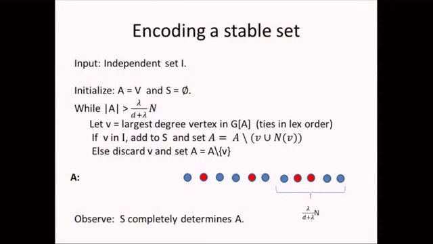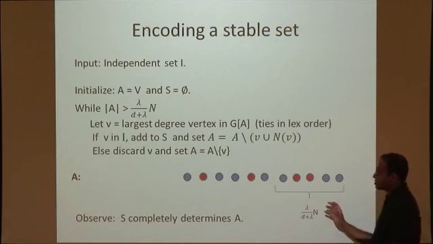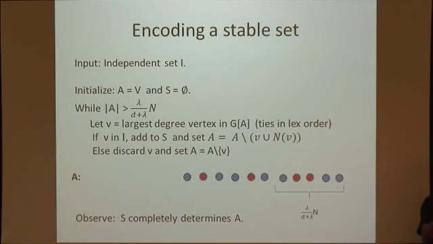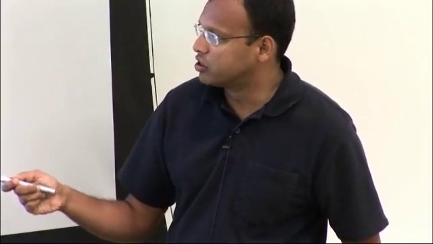So the crucial observation is that at the end of the day, when I'm left with so many vertices, I have picked some vertices S. This S that I have picked, these red vertices, completely determines which set is left over. Why? Because this was a completely deterministic procedure.